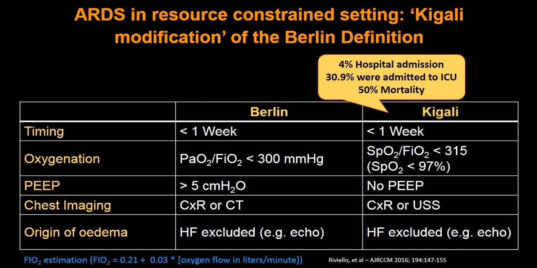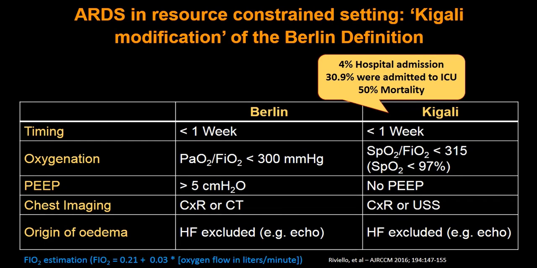Because there has been a recent modification of that Berlin definition, which is particularly for resource-constrained places, like for example this Rwandan population, the Kigali modification. It doesn't have to be in Rwanda, it can be in our own place when we don't have available, for example, a CT scan, or any place where the PaO2 might not be readily available.